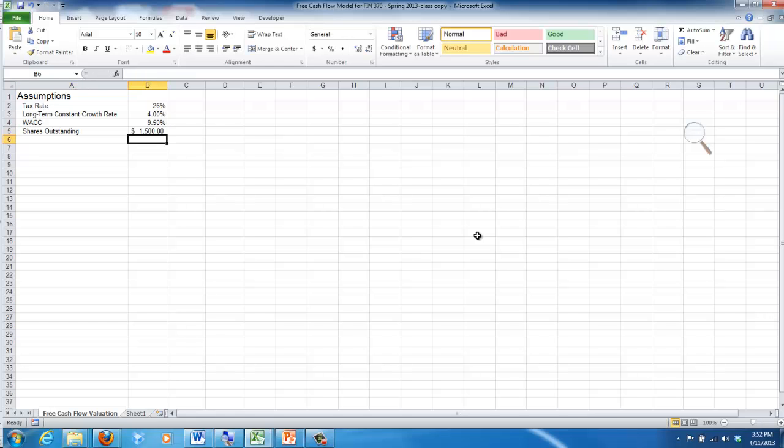Okay. And then what we're going to start off with, if you take a look at those slides, is calculating net operating profit after tax. So that consists of, I'm going to go down one more line here, EBIT, taxes, using a tax rate of 26%, and then our net operating profit after tax from those two items.